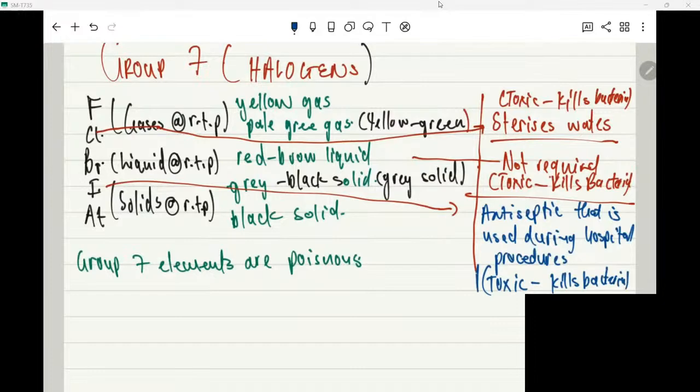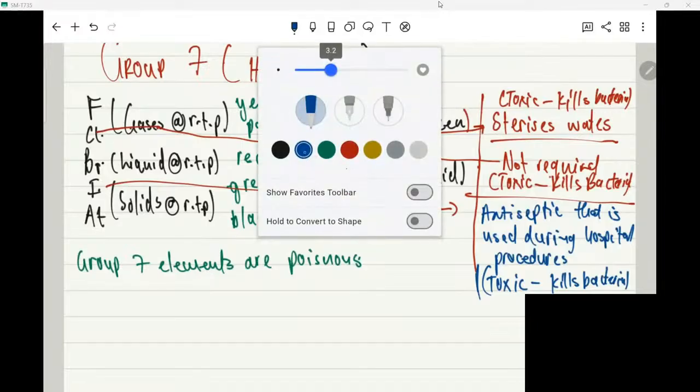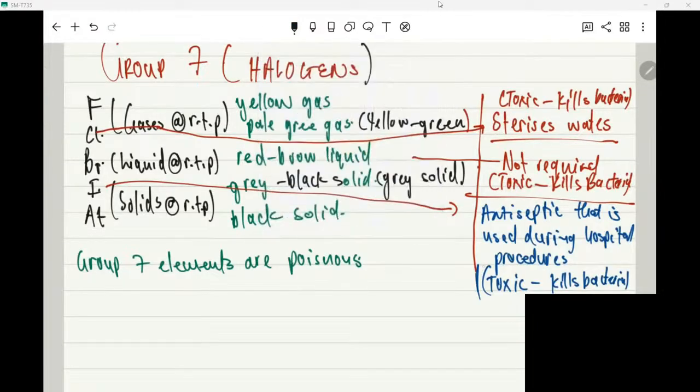All right. So here we've put some of the things that you must know about these elements. Now we'll talk about their trends. Maybe I can just say a little bit about the properties of halogens, although it's not really talked about.